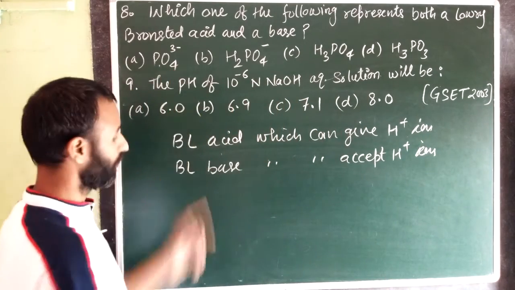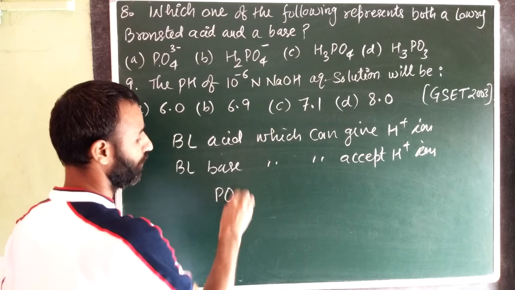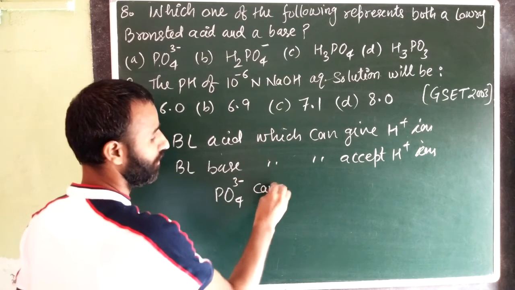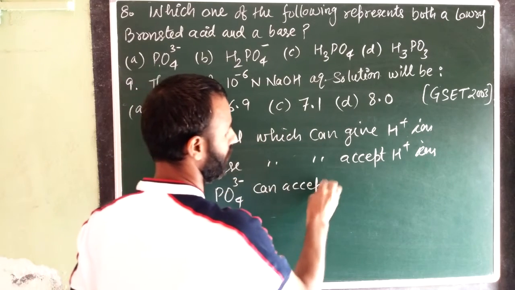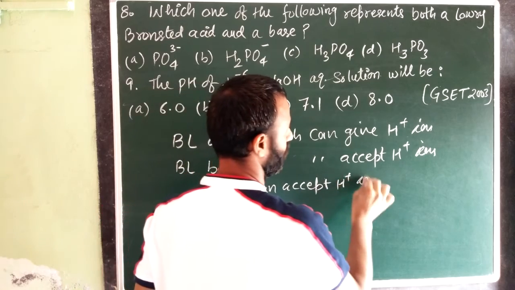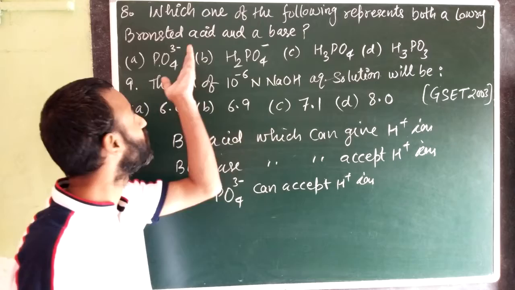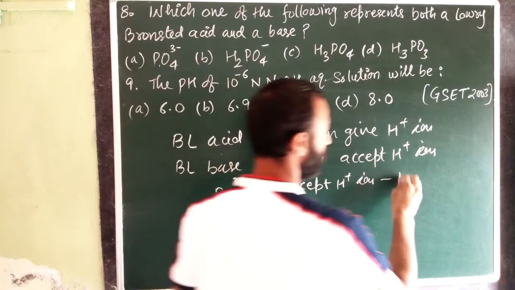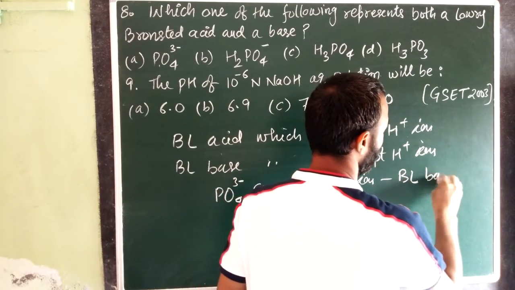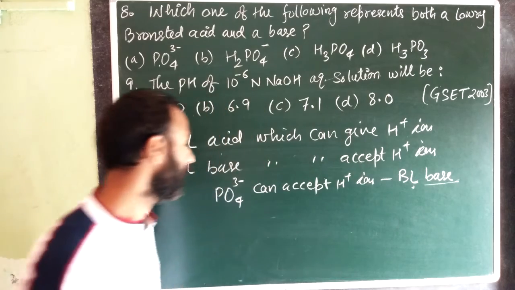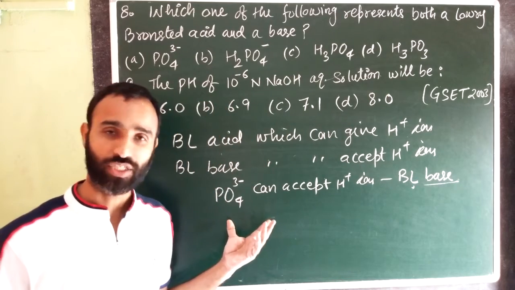So the first one, PO4 3 negative, can accept H plus, but will not give H plus because it does not have any, so it acts as a Bronsted-Lowry base only. It can never act as an acid.